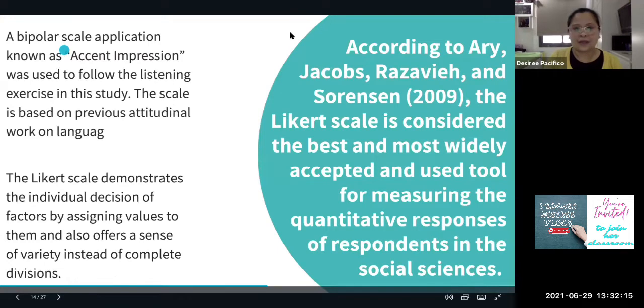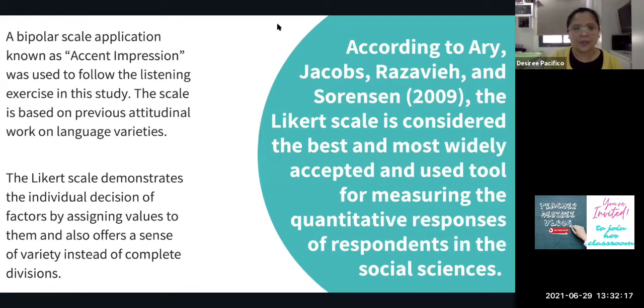And this study had also used different scales. The first scale is a bipolar scale, which is called accent impression, and this is used to follow the listening exercise in the study. The scale is based on previous attitudinal work on language varieties.